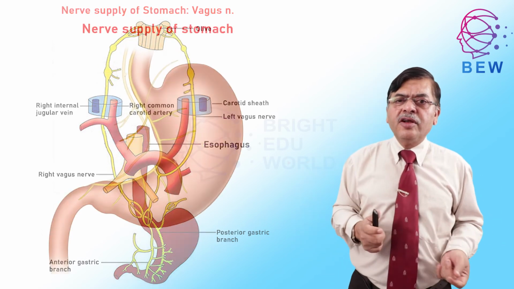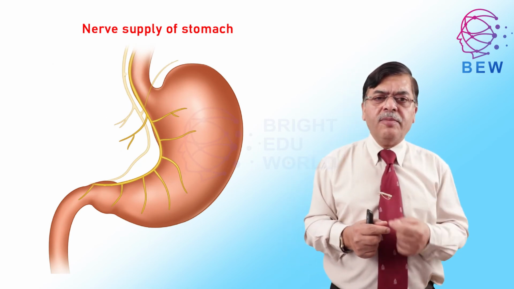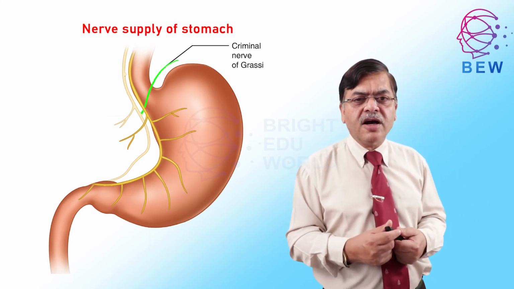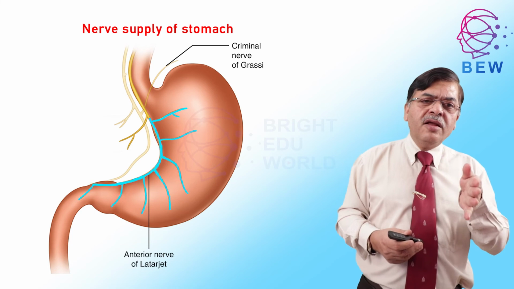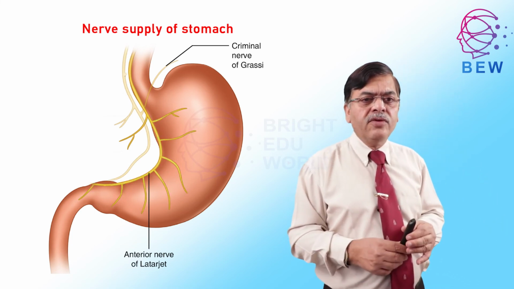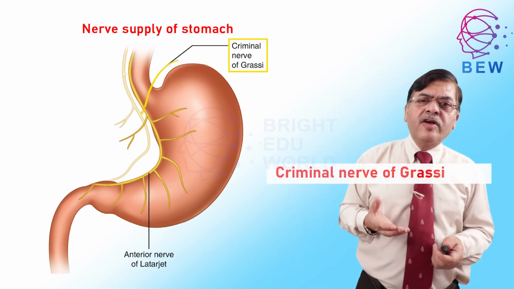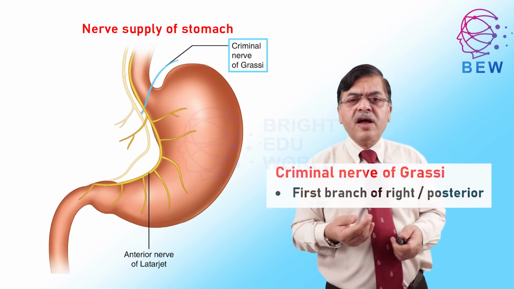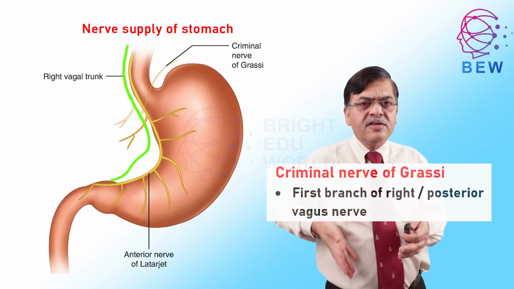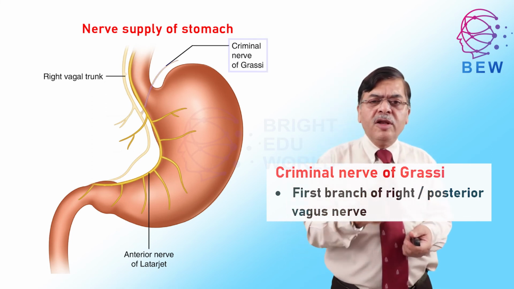There are two important branches of the vagus nerve which have been named. One is called the criminal nerve of Grassi and the other is called the anterior nerve of Latarjet. So what are these two nerves and what is their importance? The criminal nerve of Grassi is the first branch of the right or the posterior vagus. As I said, the right vagus is posterior, so as it gives branches to the stomach, it gives a branch called the criminal nerve of Grassi.